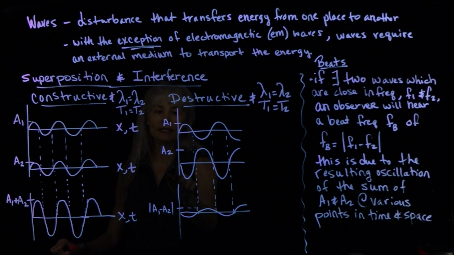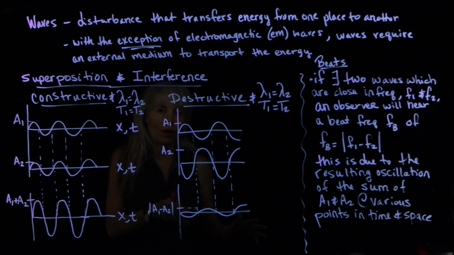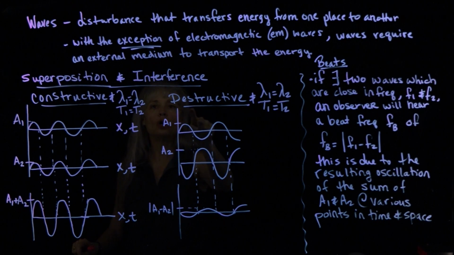And A2 is cycling down from the vertical. So the crest for wave 1 is overlapping with the trough for wave 2. And you can see that that continues to happen, that one wave's crest aligns with the other wave's trough. This is called destructive interference.